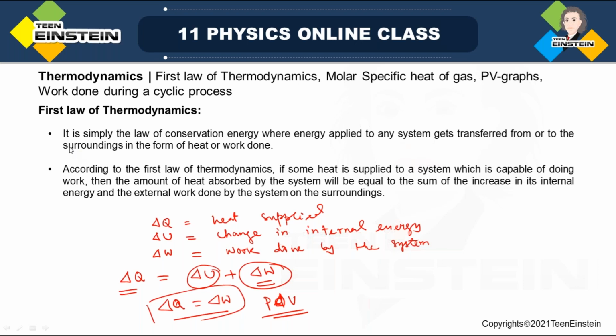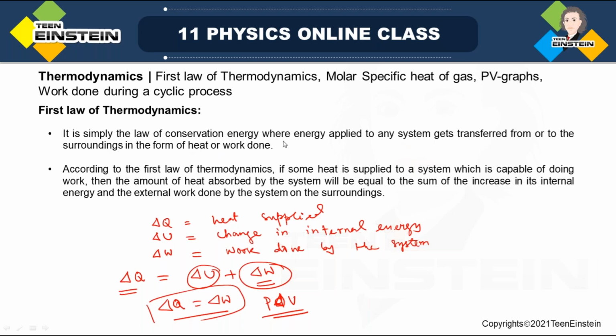Okay, so there is an interaction between surroundings and the system. So here the law of conservation of energy involves both the system and the surroundings.